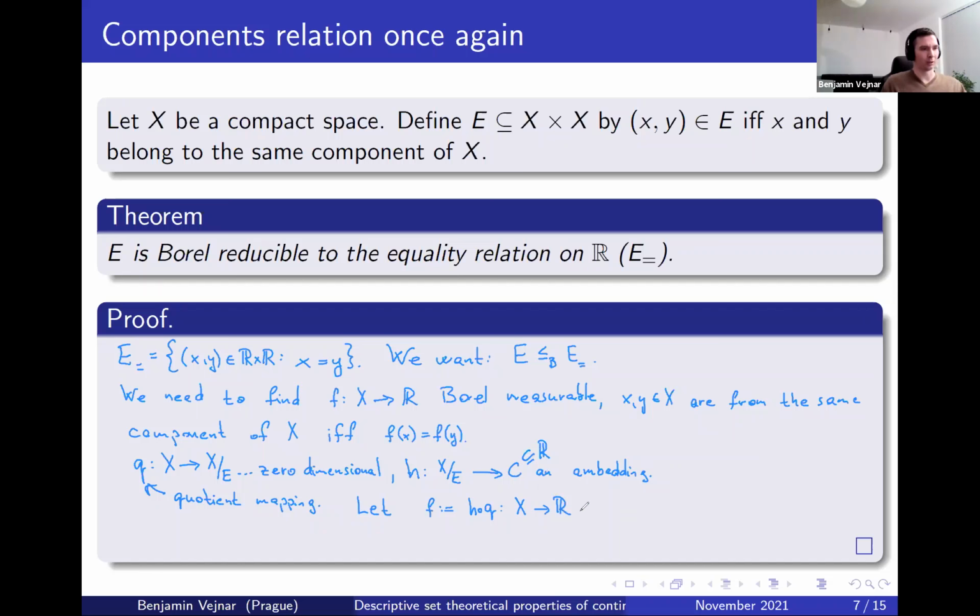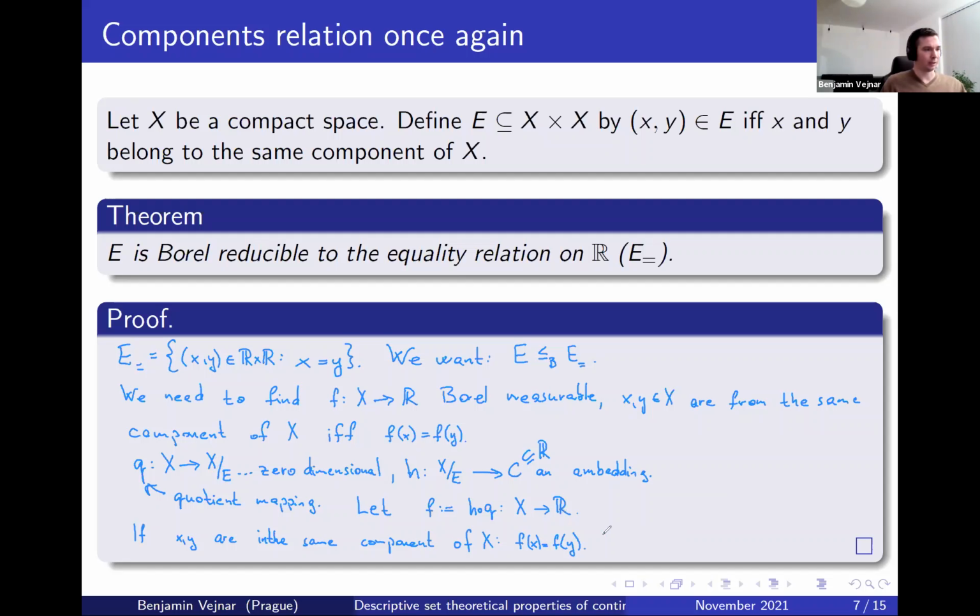And of course, if we have x and y from the same component of X, then clearly this quotient mapping collapses them to the same point. So it follows that Fx equals Fy.